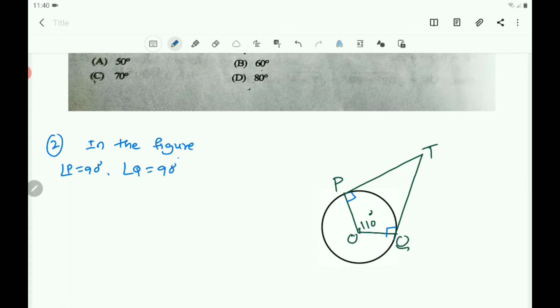You know, they are the angles between the tangent and the radius at the point of contact.